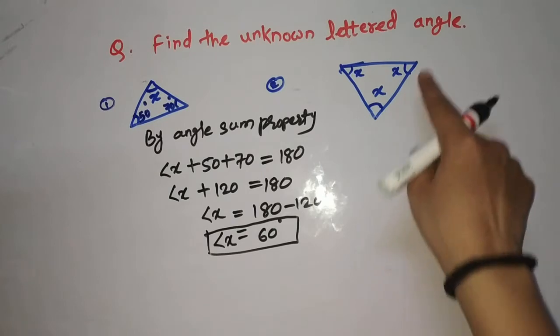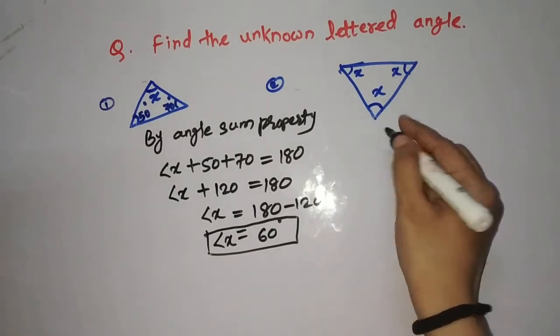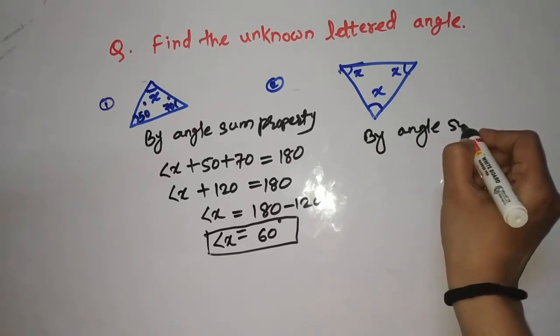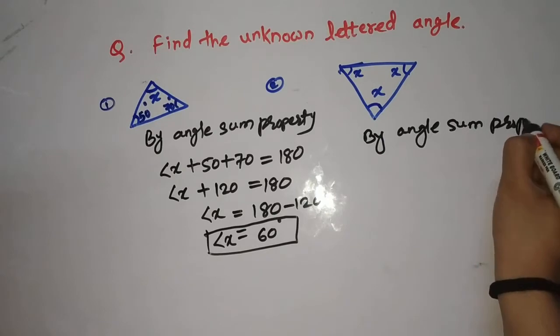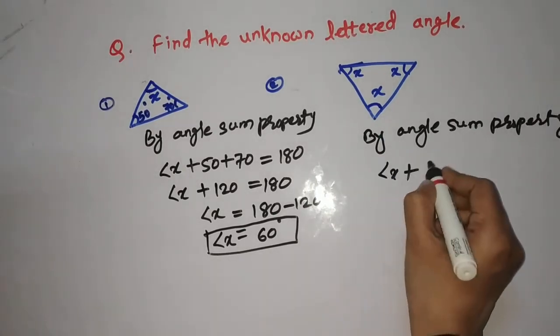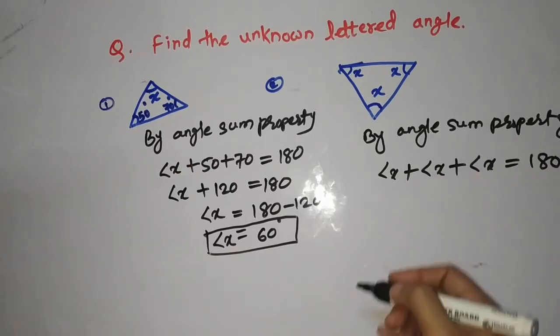Now in this figure, if you see, all three angles are unknown and they are lettered with X, meaning all angles are the same. So again we can write by the angle sum property: X plus X plus X is going to be 180.